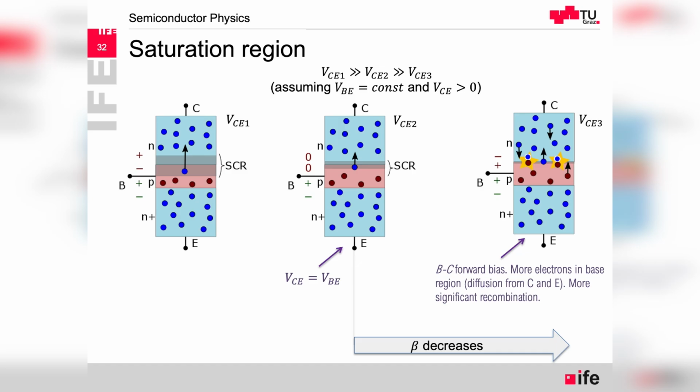But because the space charge region is smaller, there is a lower electric field, this acceleration is smaller, and we have a higher probability that those charge carriers recombine. And in addition, at some point, once this junction is forward biased, the electrons also come towards the base, and the beta effectively is decreasing.